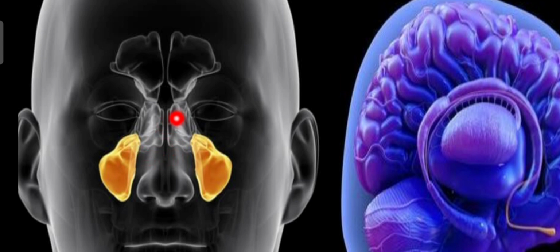So we know that we have the ethmoid bone here, and in the ethmoid bone we have the cribriform plate, through where it can penetrate and enter into this particular area, right? And also it can invade into the orbital cavity as well.